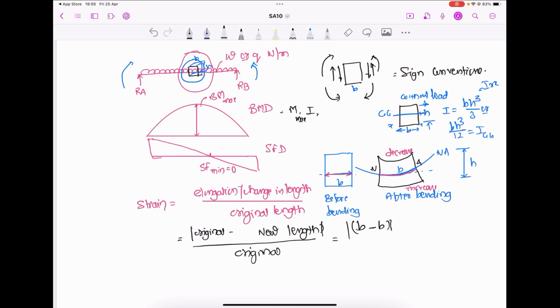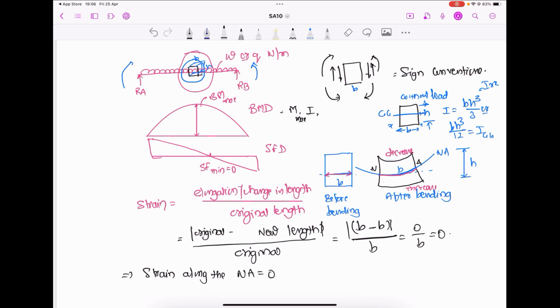Length here means not the beam length but the cross-sectional length, that is the beam width. That is B minus B, original is B, that is 0 by B, that is equal to 0. That means from this we can say strain along the neutral axis is equal to 0.